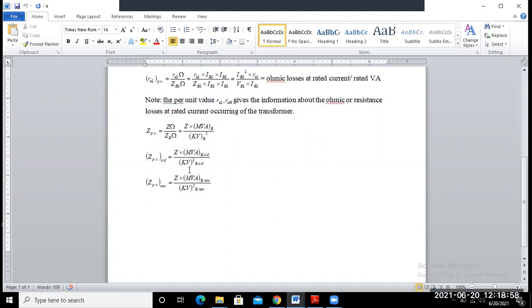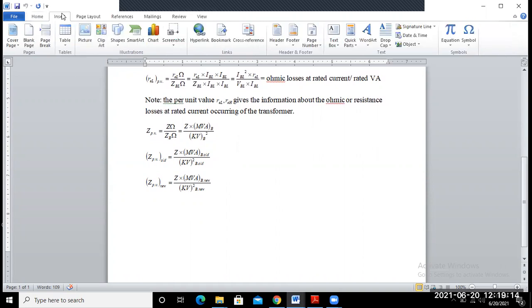If you divide this equation by this equation, we can write Z per unit new divided by Z per unit old, and the right side is divided by this one. So Z will be cancelled out. So just try to write this equation and find the value of Z per unit new.